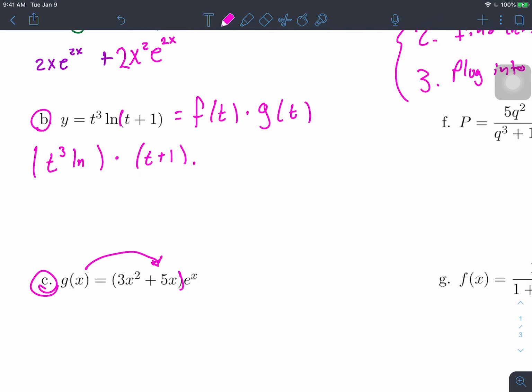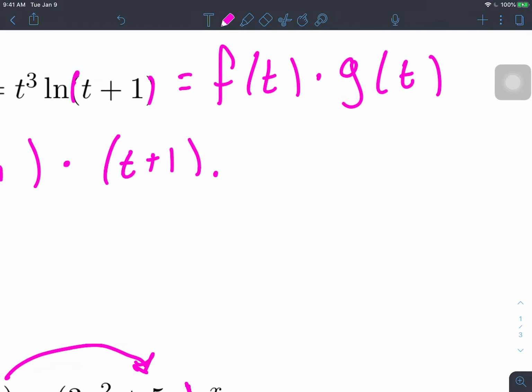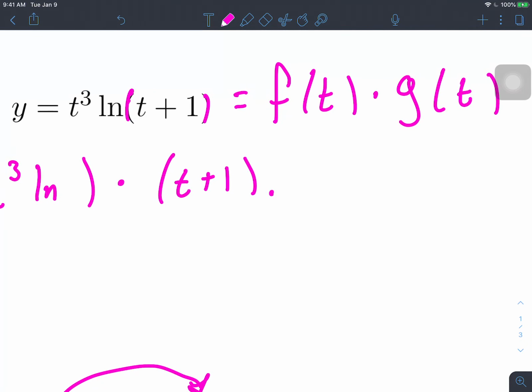However, these parentheses in our problem are to show that this whole term is given by plugging t plus 1 into the function ln. So Emma's exactly right. We can't separate these things.